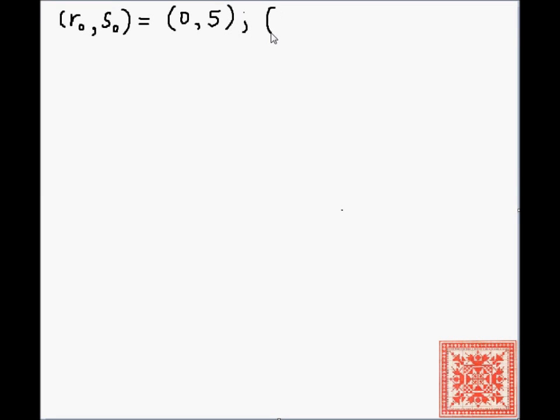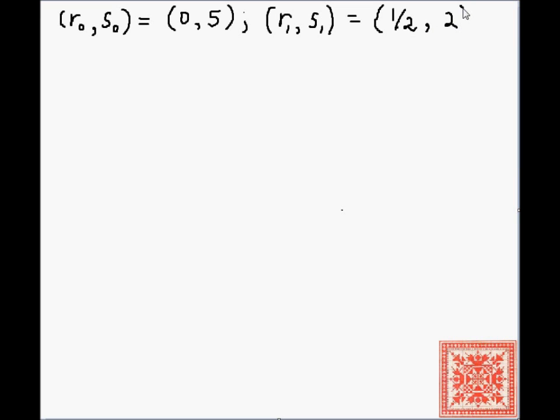And at R sub 1, the value is S sub 1, and that value is, just for the sake of example, R1 is half and S1 is 2.